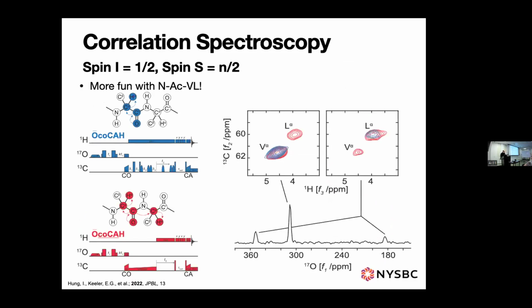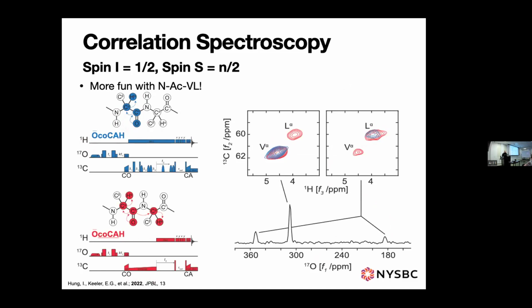So you can keep on keeping on at this, and let's say we want to look at them the other way. Now we have this O-CO-CA experiment. We're going from this O to the carbonyl to the C alpha to the H alpha, and you get the blue spectra here. And then what if we do DREAM on that experiment?